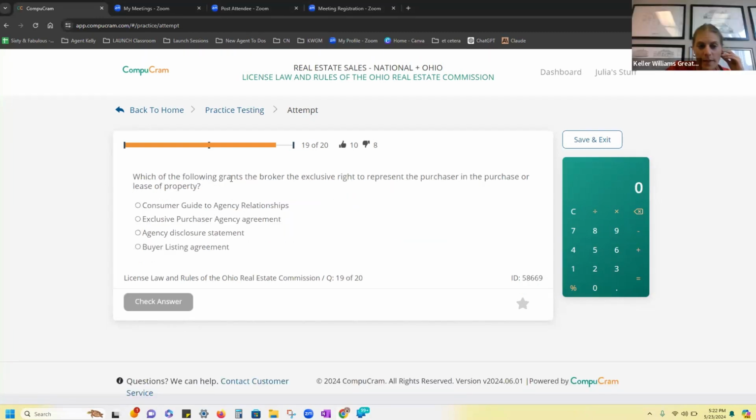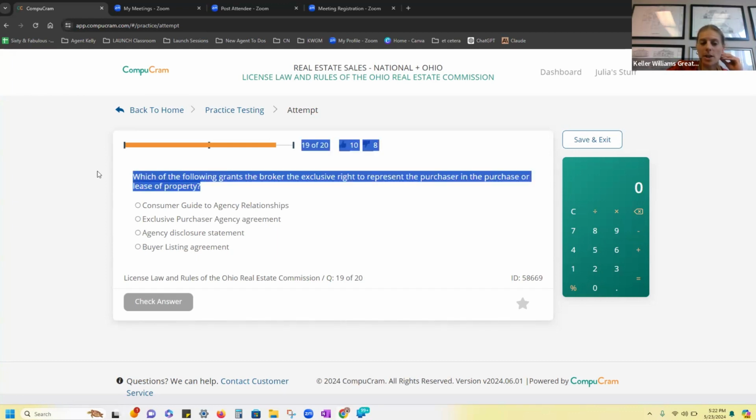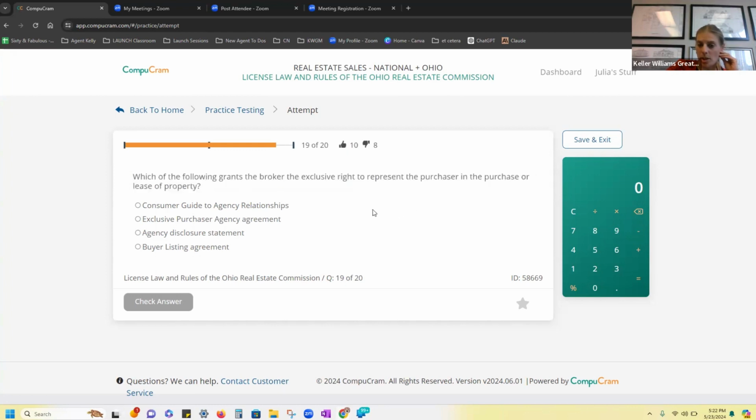Okay, so which of the following grants the broker the exclusive right to represent the purchaser in the purchase or lease of property? Is that A, consumer guide to agency, B, exclusive purchaser agency agreement, C, agency disclosure statement, or D, buyer listing agreement?